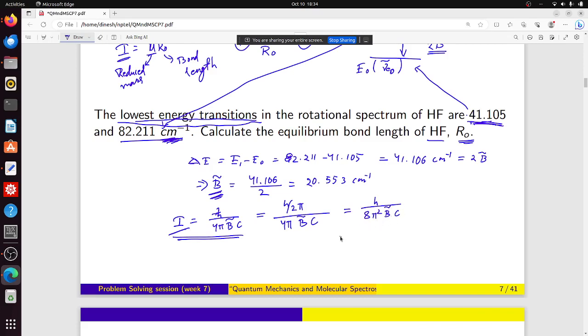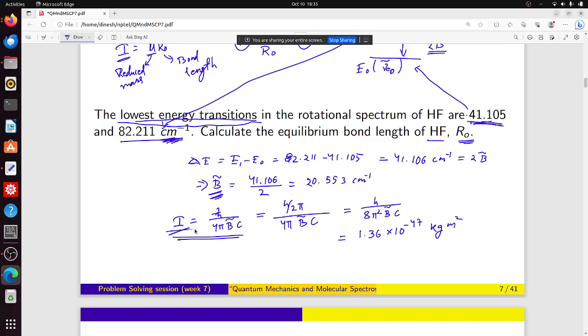So if you put all the values in here, I am not doing the calculation explicitly, you can check it and verify it. This will give us 1.36 times 10 to the minus 47 kg meter square.